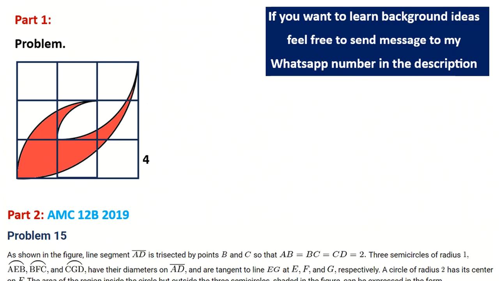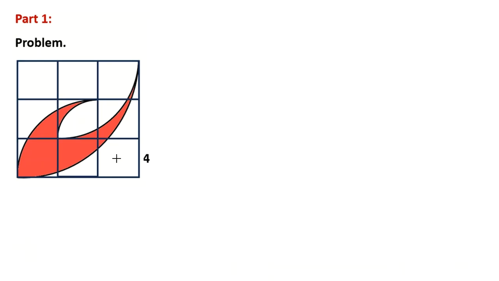For this problem, for calculating the shaded region, I want to calculate the complete square, 12 squared, minus the white region. So if you want to calculate the area of the white region, I consider some different parts.